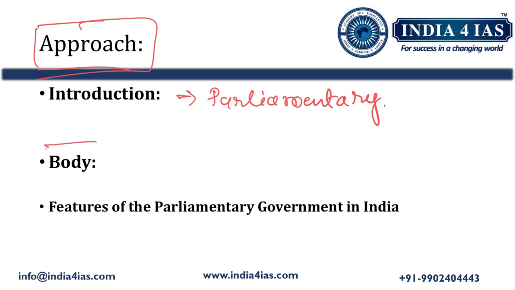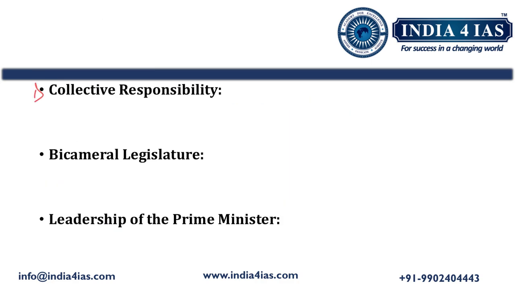Then coming to the body, what we should write in the main body. We should start writing the features of the parliamentary government in India. The first one is collective responsibility. This is one of the core principles of the parliamentary government in India. Collective responsibility means the council of ministers are collectively responsible to the Lok Sabha.